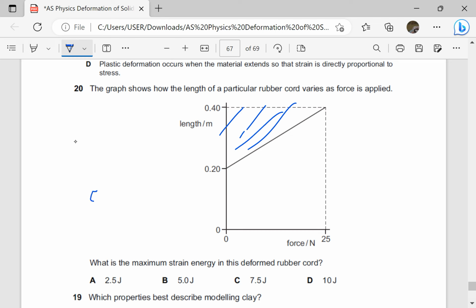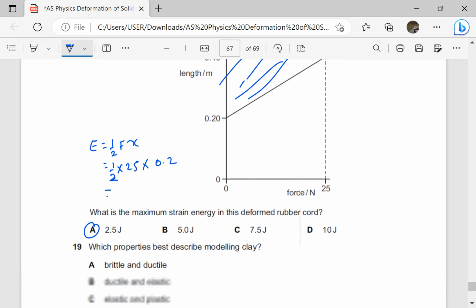So energy is a half Fx, and F is 25, x is 0.4 minus 0.2, which is 0.2. So 25 times 0.2 is 5, then divide by 2, it is 2.5. So the answer is going to be A.